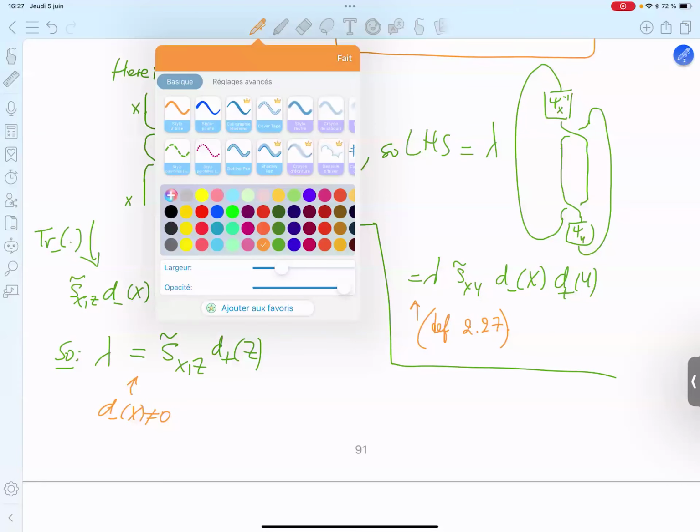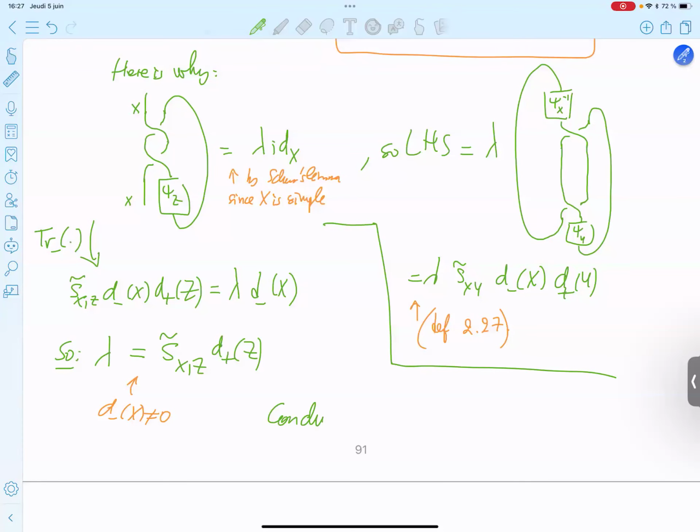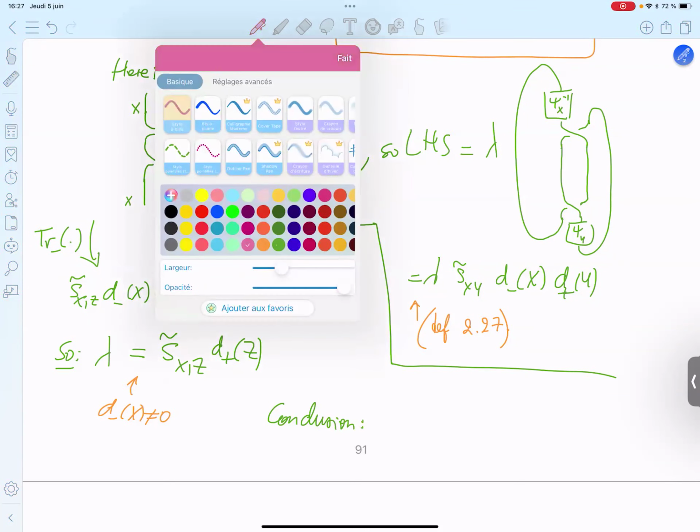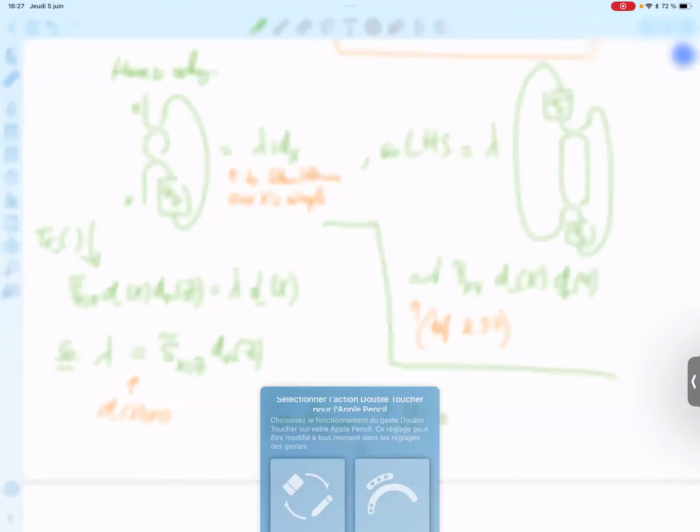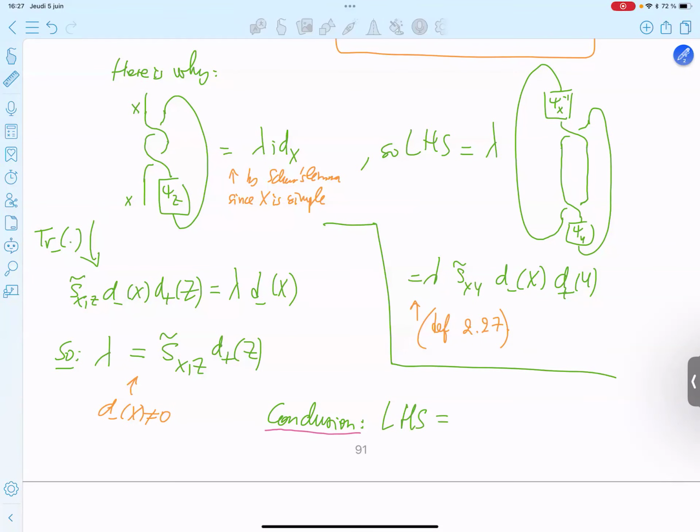Conclusion. The left-hand side is equal to, now that we know lambda, we use this formula for the left-hand side with this lambda, and we exactly get the following: S tilde xy, S tilde xz, d minus x, d plus y, d plus z.